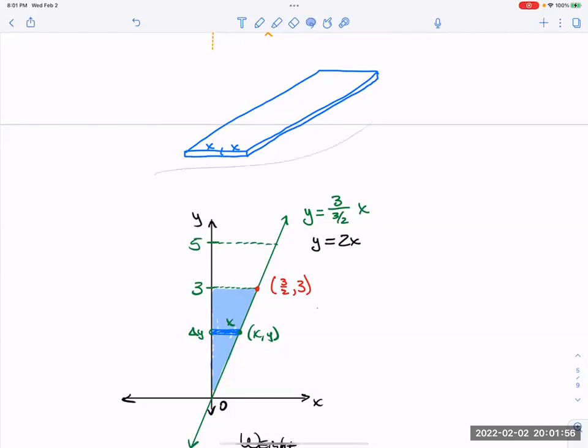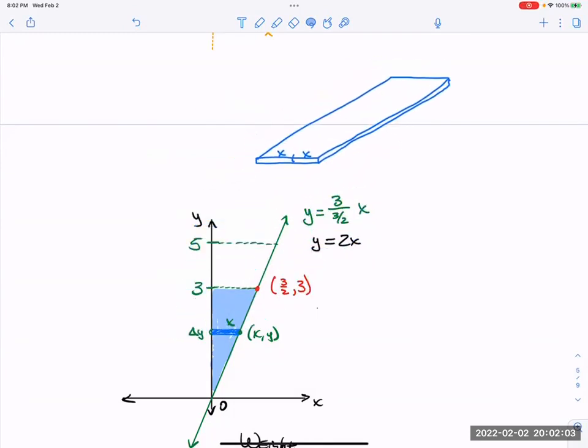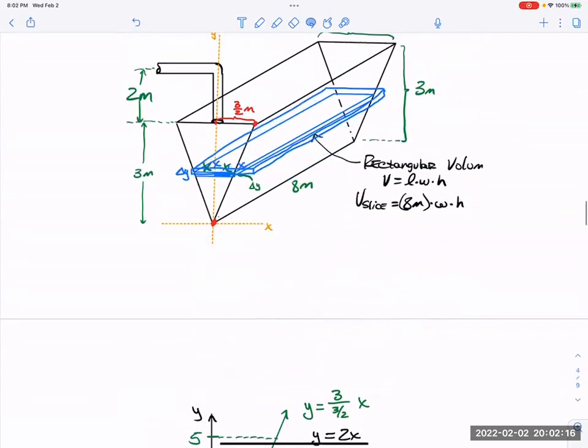Well, if I go back to my model, that little height is delta y. So this partition that I've drawn has a thickness of delta y. Now the question becomes, what's the length of this partition? That's where I go back to the tank. What was the length of that tank?